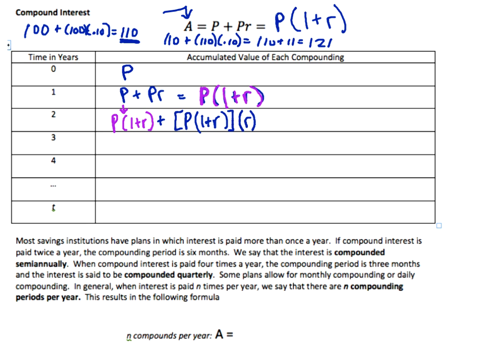Now I have a common factor that I can factor out front of P times 1 plus R. I promise this will be clear as mud in just a moment.